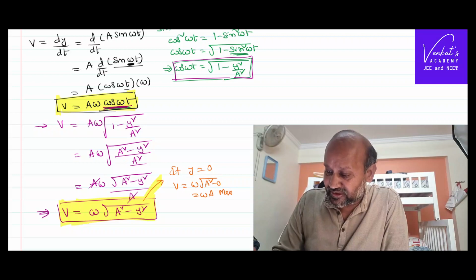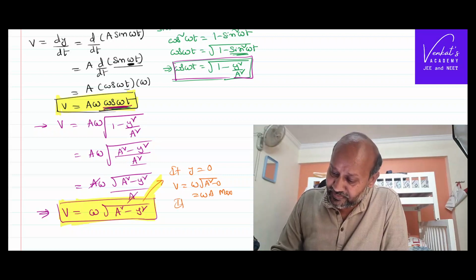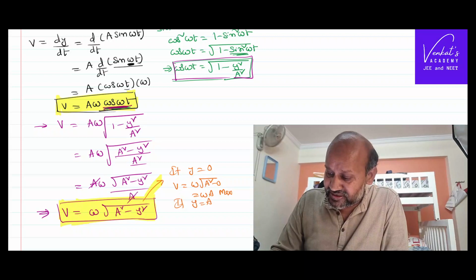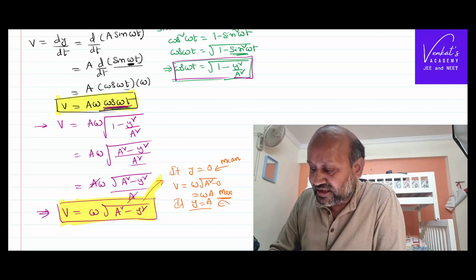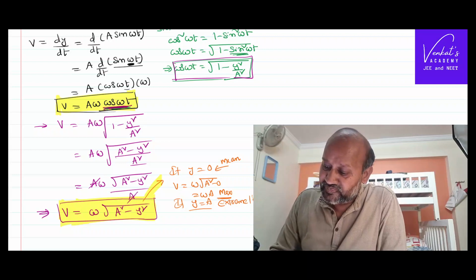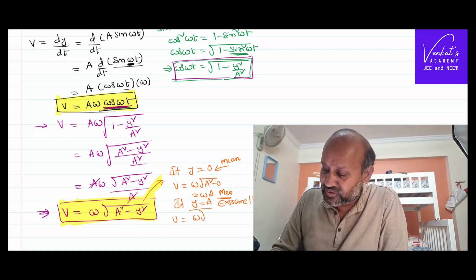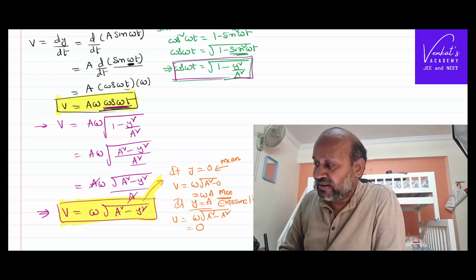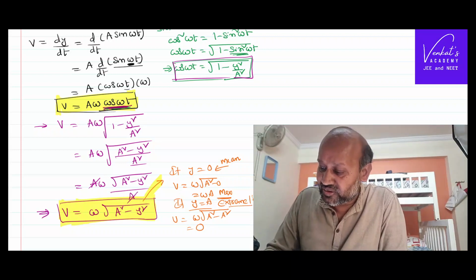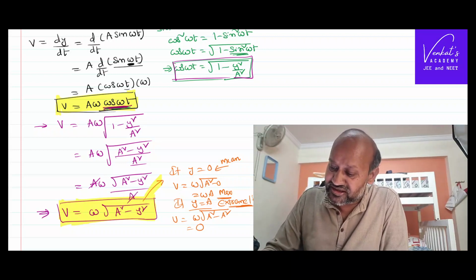That's the maximum possible velocity. If y is 0, that means you are at the mean position. So at mean position, you get maximum velocity for a particle in simple harmonic motion. Y is a means it is at an extreme or end position. In that case, velocity becomes omega root of a square minus a square. So velocity becomes 0.